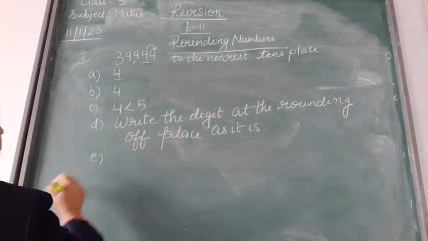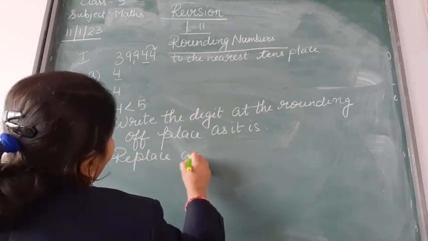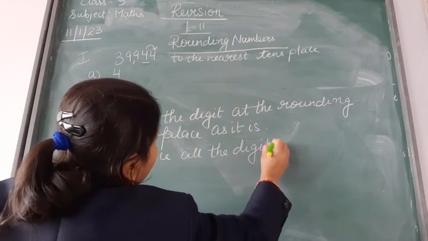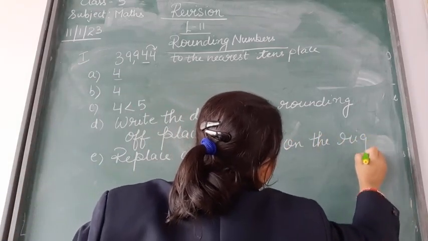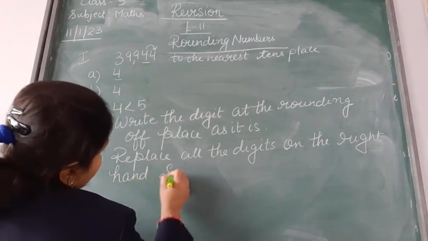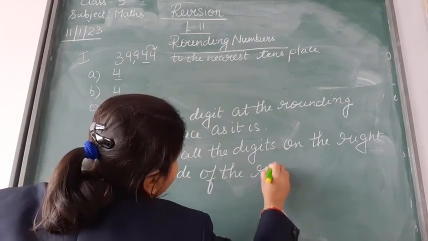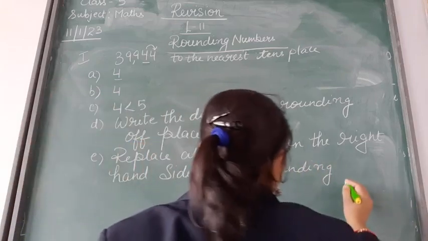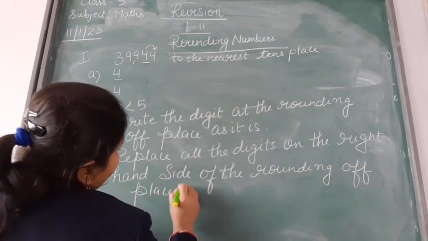And in the last step, what are we going to do? We will replace all the digits on the right hand side of the rounding off place by 0.